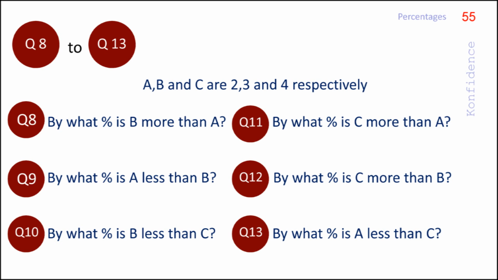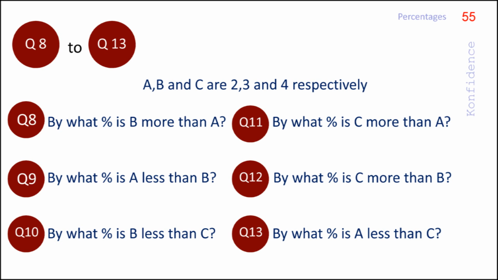By what percentage is A less than B? Question number 10. By what percentage is B less than C? Question number 11. By what percentage is C more than A? Question number 12. By what percentage is C more than B? Question number 13. By what percentage is A less than C?